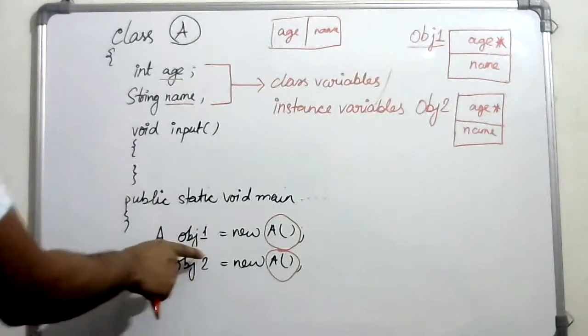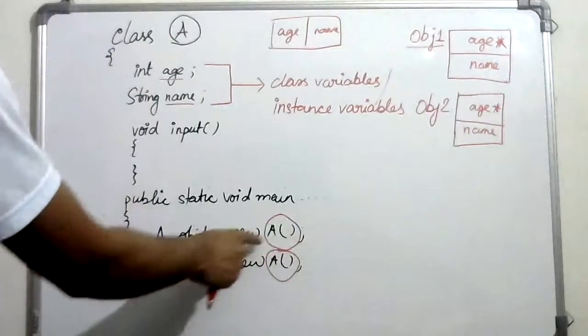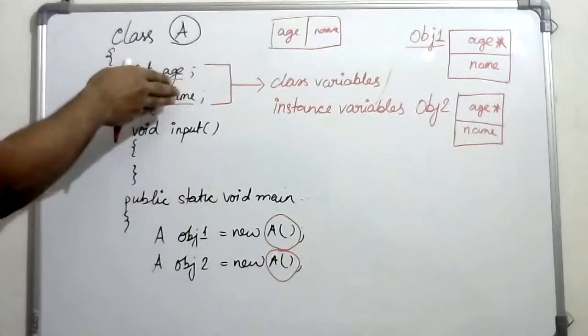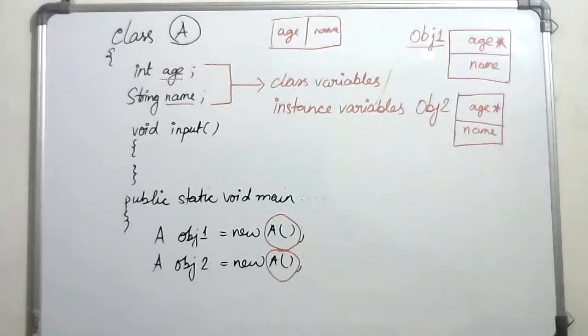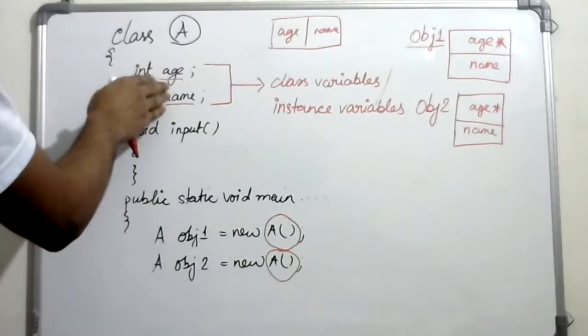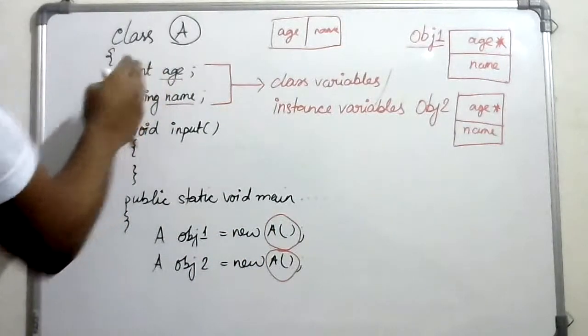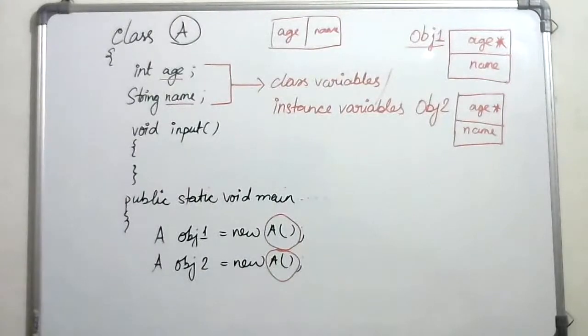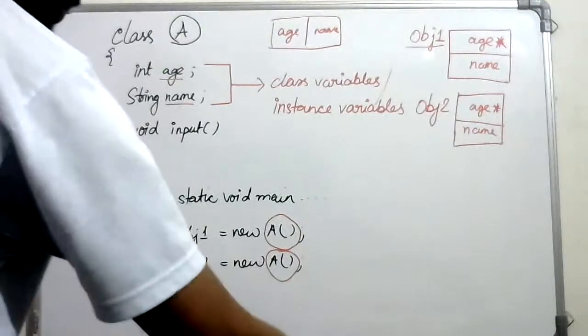Whenever we define an object, we have to simultaneously call the constructor to initialize the variables to some default value. It doesn't matter what default value, just some value. So constructors are called to initialize the class variables or the instance variables to a starting value or default value. Now let's get back to constructors.